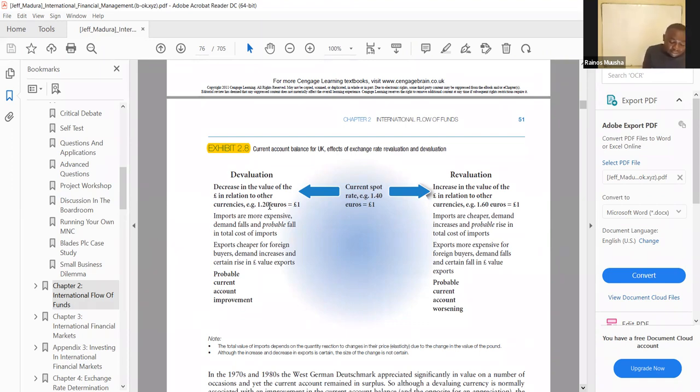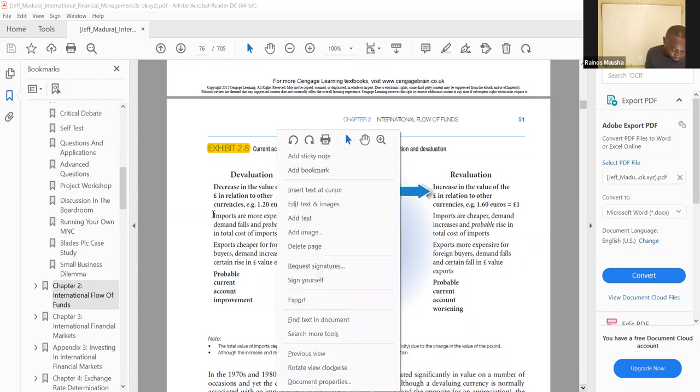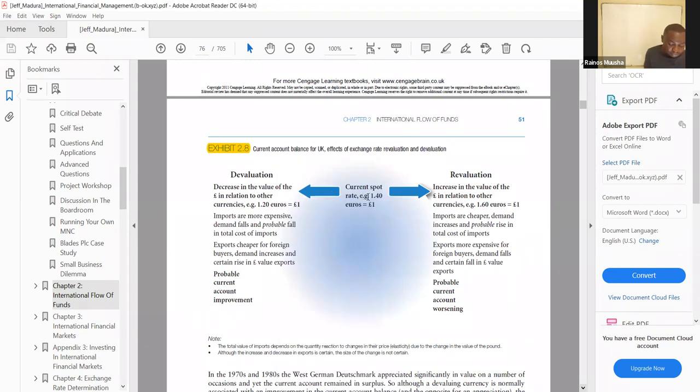At the same time, if the pound devalues, our goods become cheaper from a foreigner's perspective. Initially, to buy goods worth £1, they had to spend more. Now they only have to spend less.